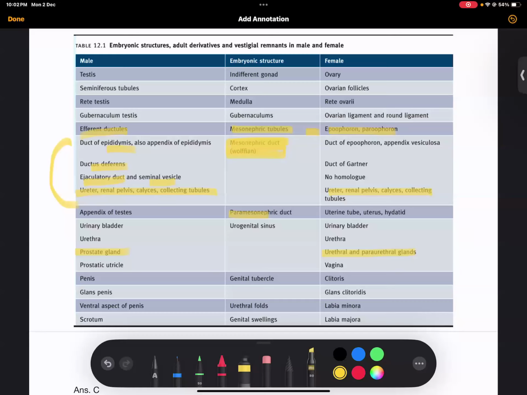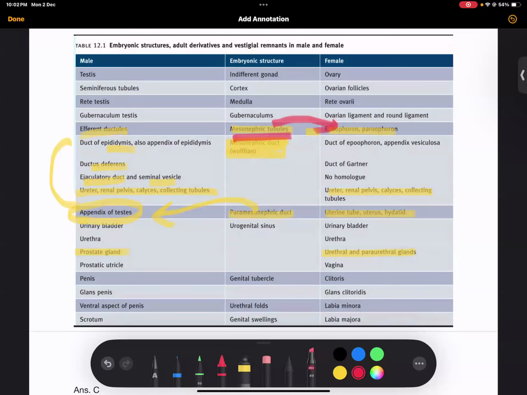And the paramesonephric duct forms the uterus and fallopian tubes, and this is the remnant. They can ask you what is the remnant of the paramesonephric duct in males. So the paramesonephric duct remnant is your appendix of testis, and the mesonephric remnant is your epoophoron.